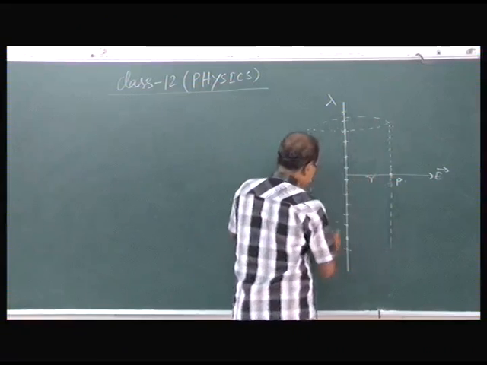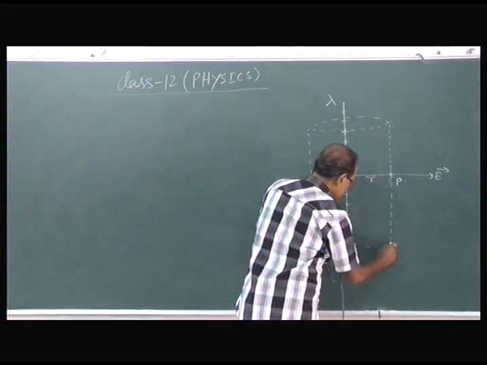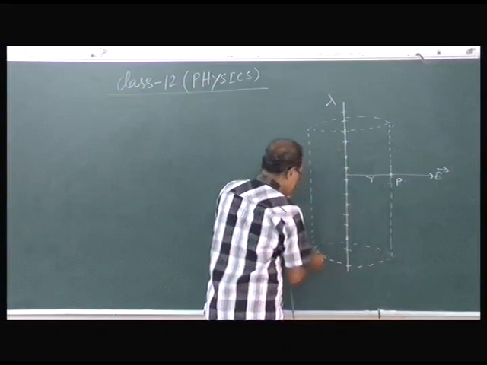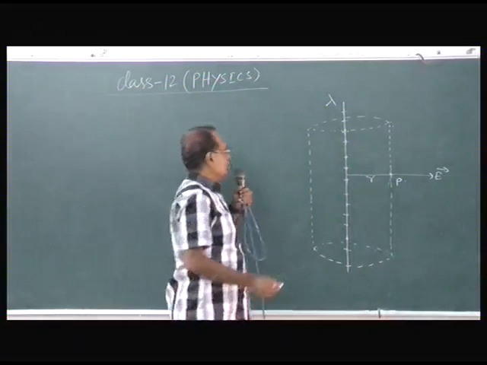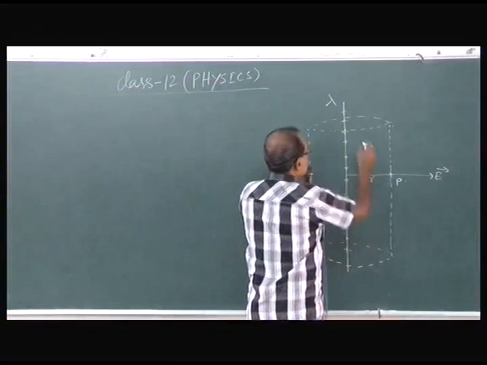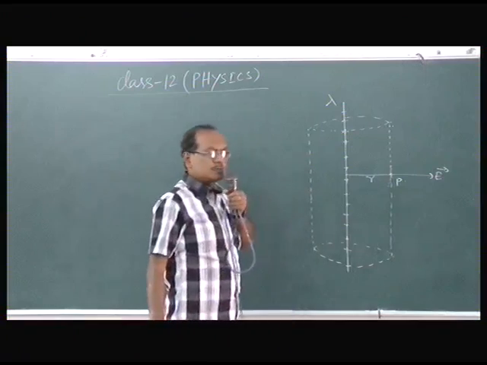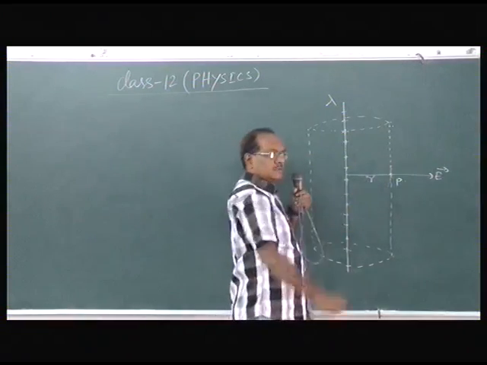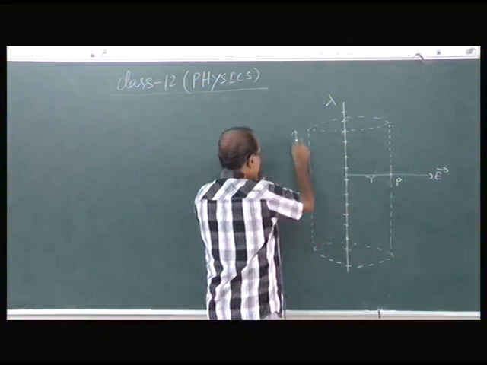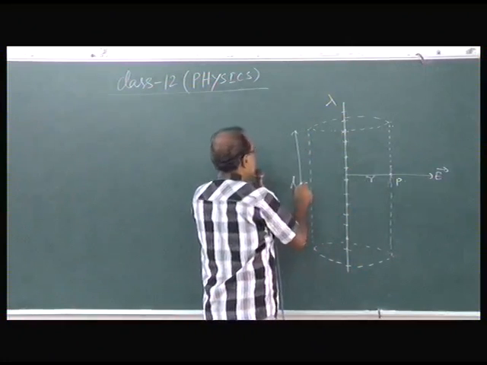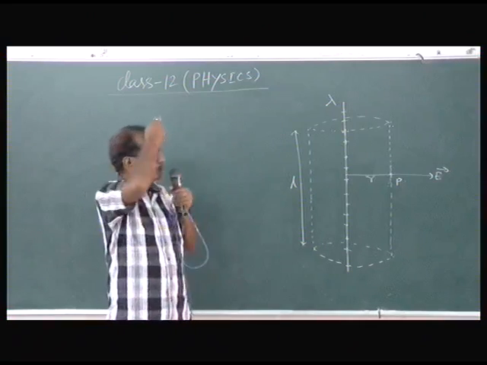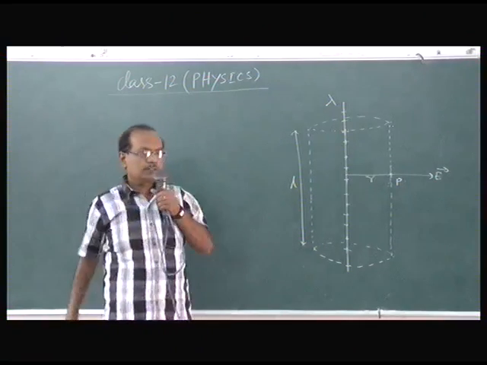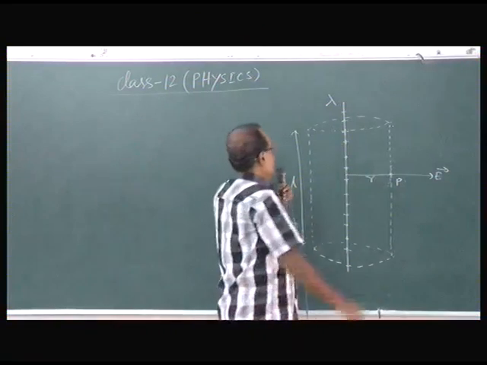The radius of the cylindrical surface is small r, and the length of the Gaussian cylindrical surface we are taking as small l.